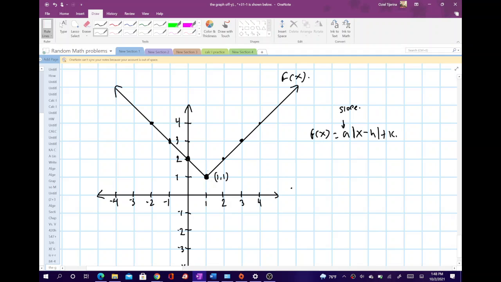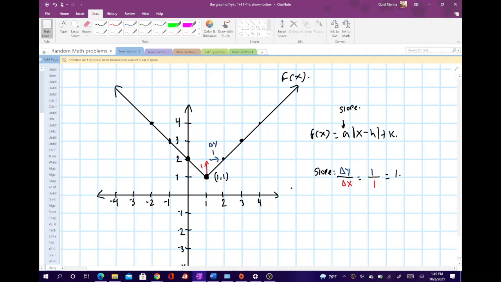Now, as you can see, for our slope, we go up one and we go to the right one, right? So our slope can be defined as the change in y over the change in x. The change in y is 1, and the change in x is 1, so the slope is 1.